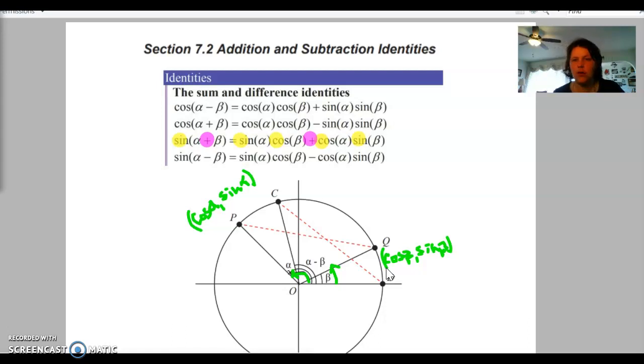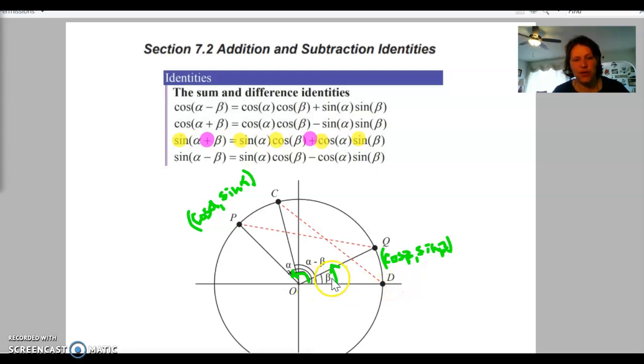All right, so far the angles that we've been working with are either angles on the unit circle or we've used our calculator. But what we're going to show you now is how to find angles that are not on the unit circle, but still be able to use the unit circle and not use your calculator. That's why these identities were written.